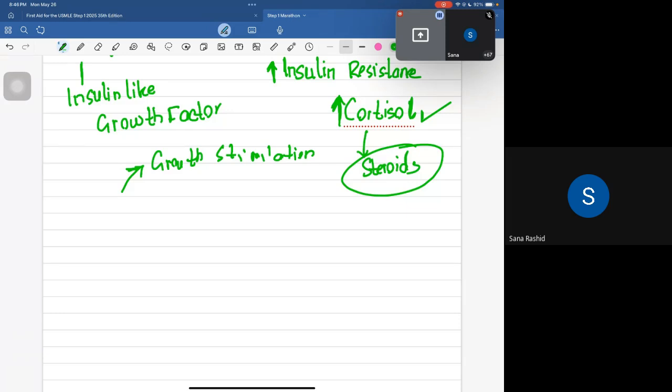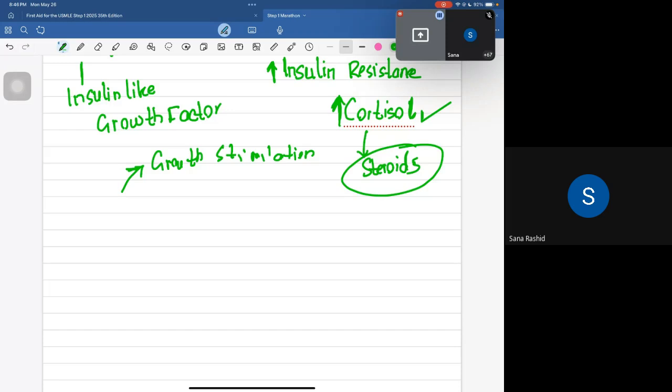And whenever you give steroids to these patients, they are going to have diabetogenic effects. These patients are going to have insulin resistance, due to which they are going to have diabetes. And then they are going to ask you, what is the cause of this diabetes? What is causing diabetes in this patient?